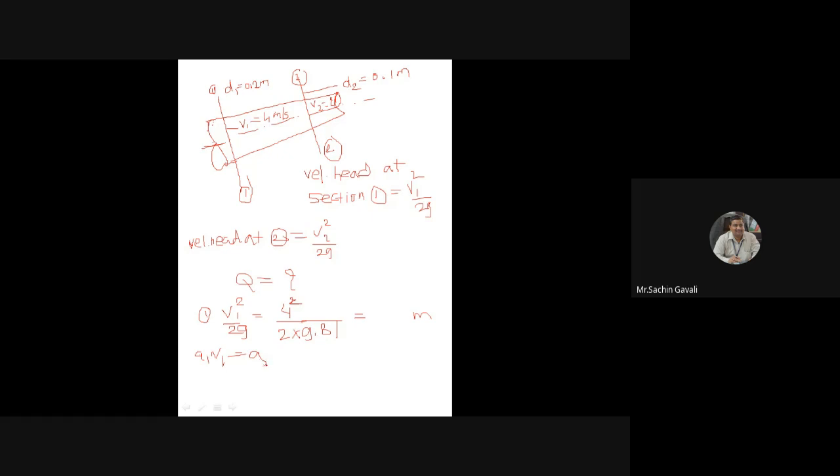Then this implies that V2 is equal to A1 upon A2 into V1. Now A1 we know. What is A1? Pi by 4 D1 square.